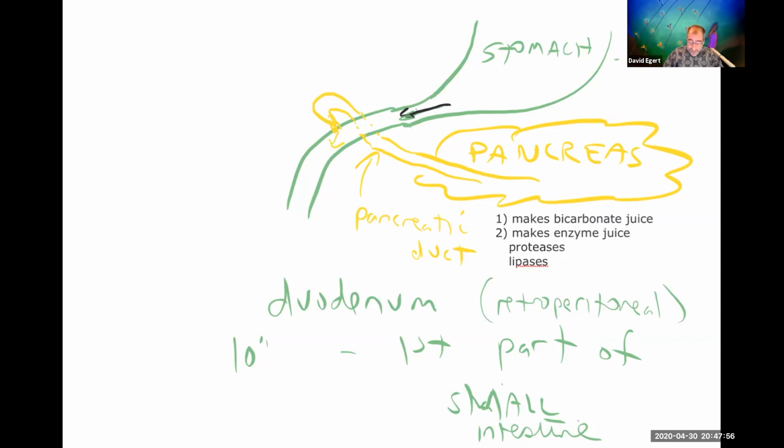These break down fats. Makes amylases. There's pancreatic amylase, which break down starch, break down carbohydrates. Nucleases break down nucleic acids.